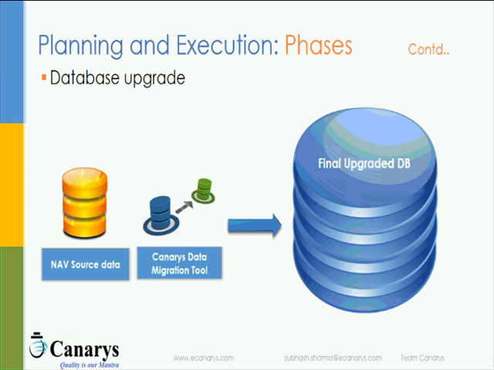Once we are done with the test database, we can think of moving to the production environment with the live database. This step involves running the Canvas data migration tools, which automate the data upgrade process. We also run the test script to clean the data. For example, some of the bad data you might have seen in the classic version: we have a different data structure in SQL, and classic won't restrict us from entering special characters.